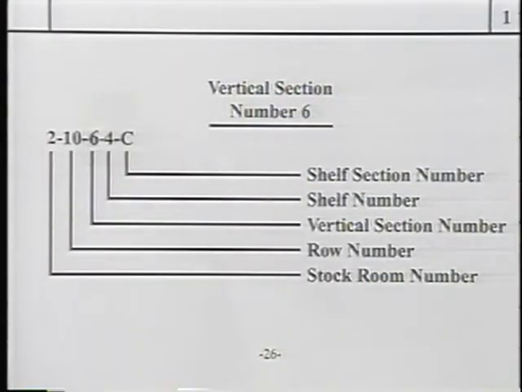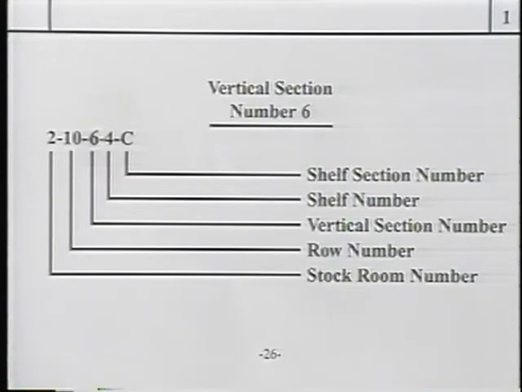So let us look down starting with 2-10, and then over on the right-hand side, I've identified the highest order of identity to the lowest, and that is that 2 is the stockroom, 10 is the row number, 4 is the vertical section number, 4 is the shelf number, and C is the section within that particular shelf.